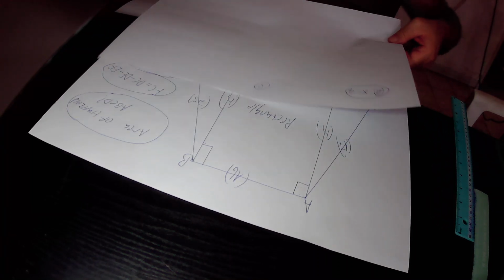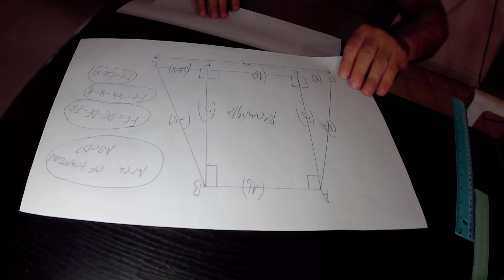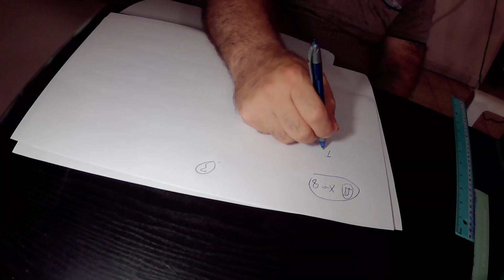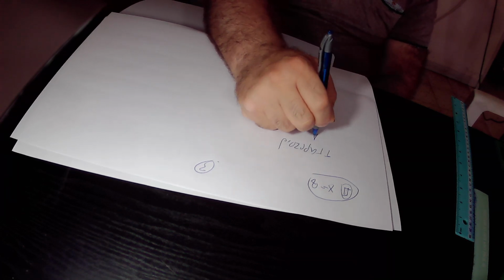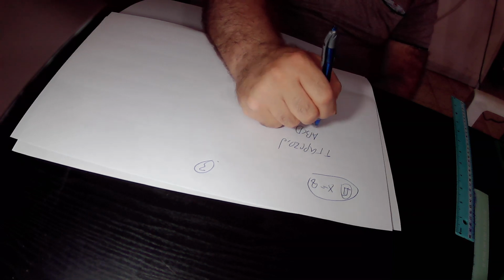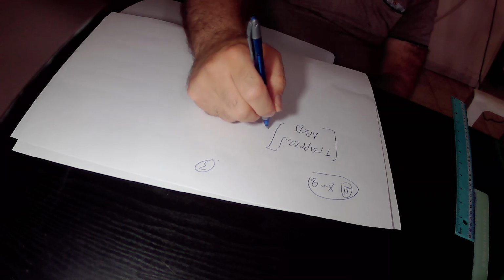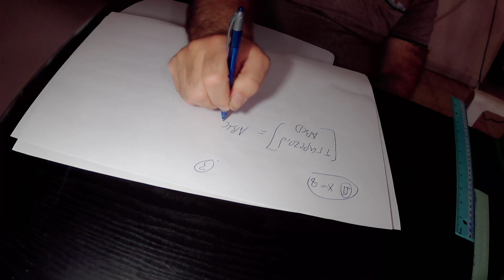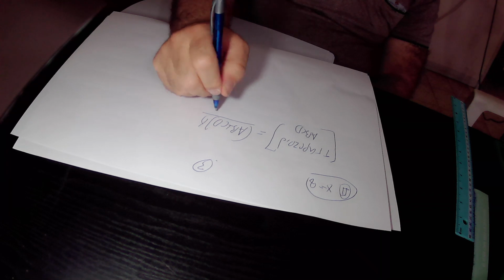Our mission is to find out the area of this trapezoid ABCD. We already found out that the area of trapezoid ABCD is equal to the sum of the two parallel sides, that is AB plus CD, times the height h, over 2.